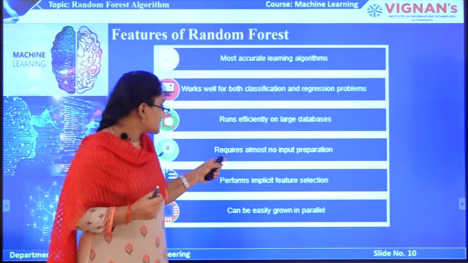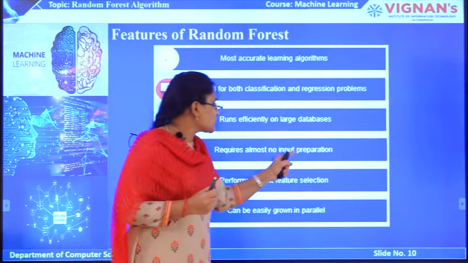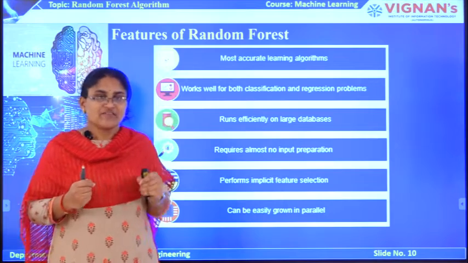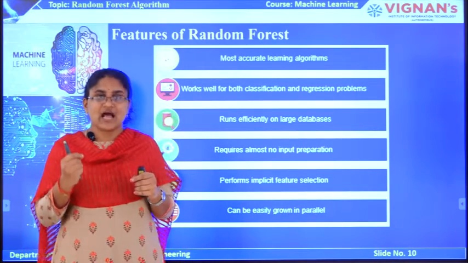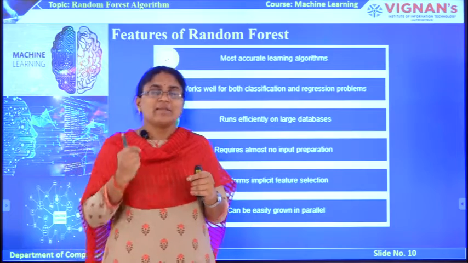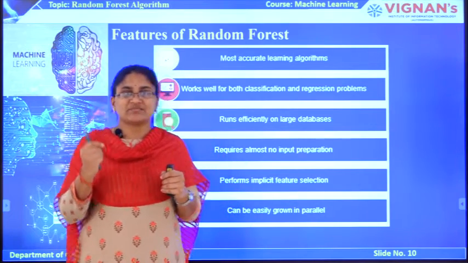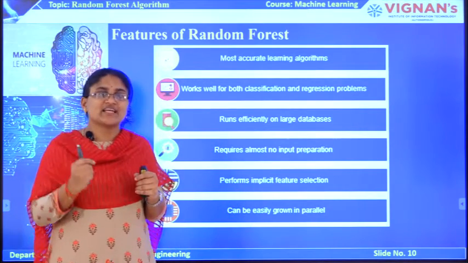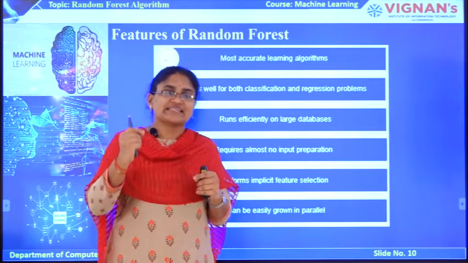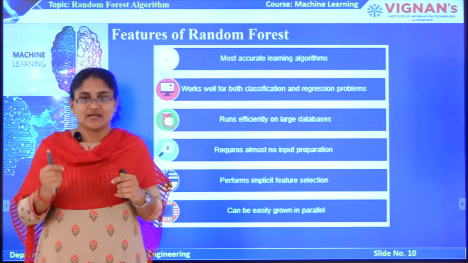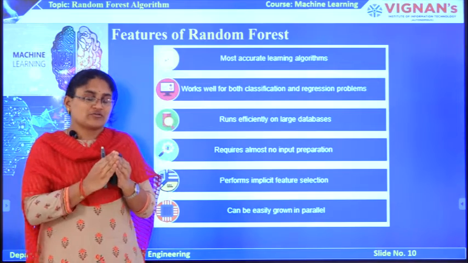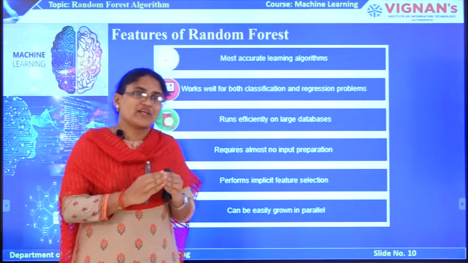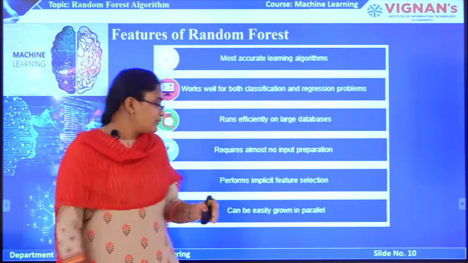The next feature is that it requires almost no input preparation, which means the random forest algorithm contains some implicit methods. By using these implicit methods, it can automatically remove noise in different stages of the input preparation, so we do not need to focus on preparing the input.